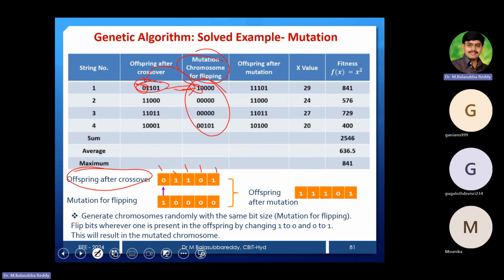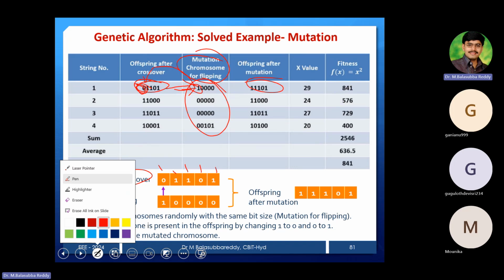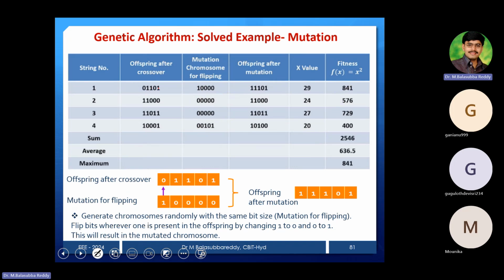Like that, this bit is going to be changed. That's what I did here. Now you can carefully observe, in the mutation for the flipping case, this is the toss I did, and wherever 1 is there, the flipping or changing takes place.